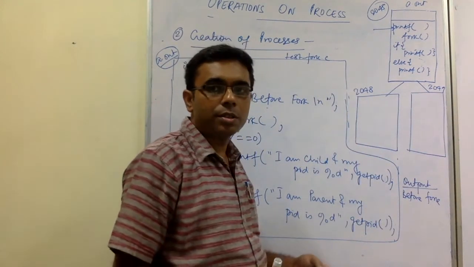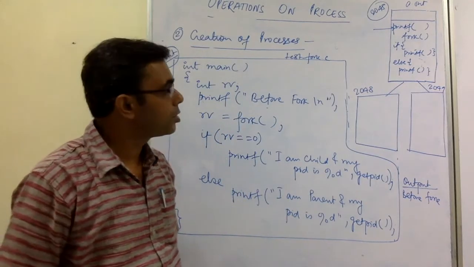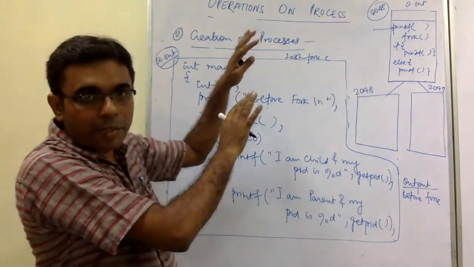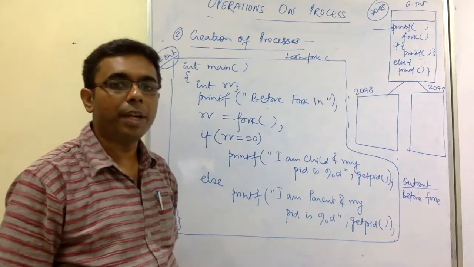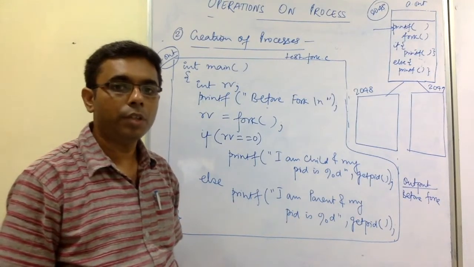And because the child is the clone of the parent process, all the code and data that we have in the parent process will also be copied into the memory image of the child process.